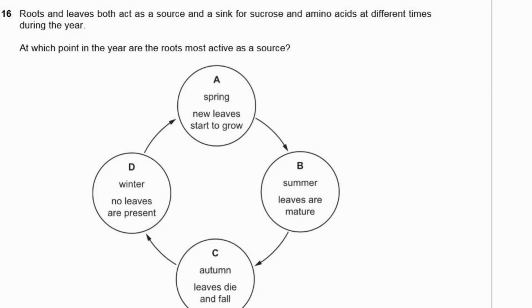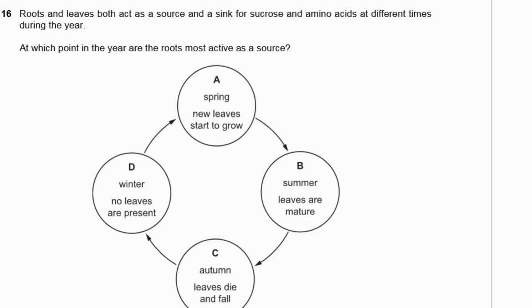Question 16. Roots and leaves both act as a source and a sink for sucrose and amino acids at different times during the year. At which point in the year are the roots most active as a source? Okay, the reason it's a source at this particular time of year is because there's no other source. The leaves are often a source of energy and nutrients, sugars, because they do photosynthesis.